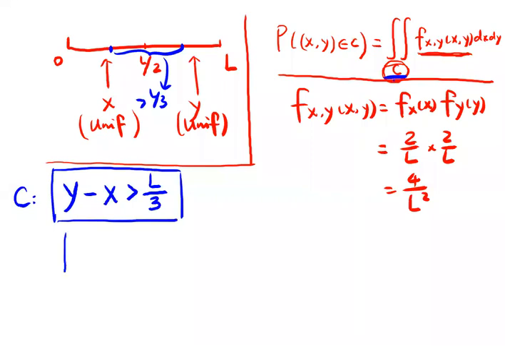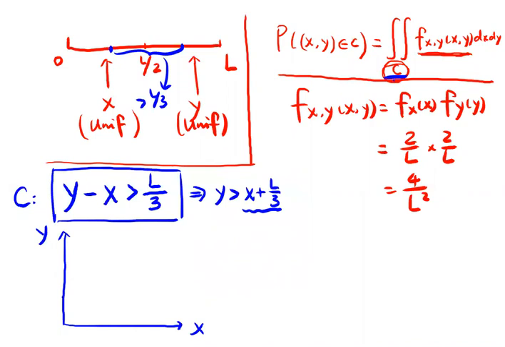So this will be your region that you're trying to integrate. So to sketch it out, if you rewrite it, it will be y greater than x plus L over 3. Okay, so this is a linear function. The intercept is L over 3. So it's parallel to the y equals x line. Because y needs to be greater than that, it's going to be everything above this line. Okay, but this is only part of the graph. What else do we need to restrict?